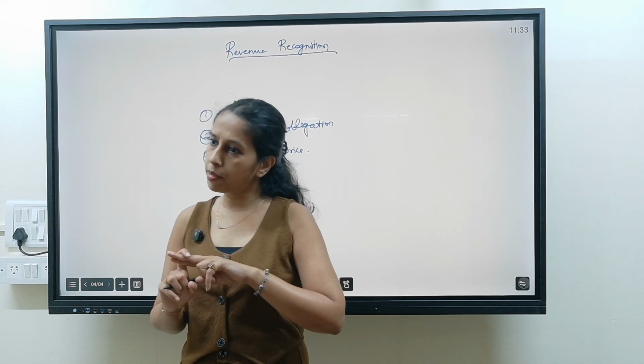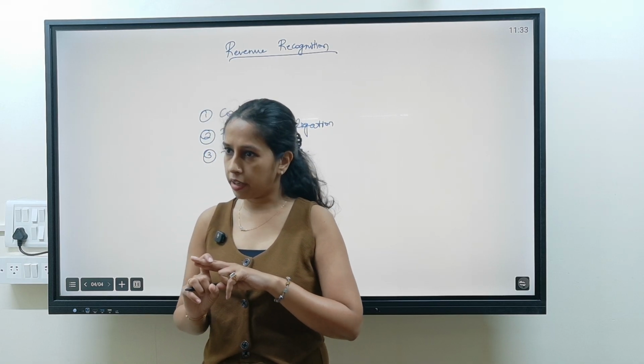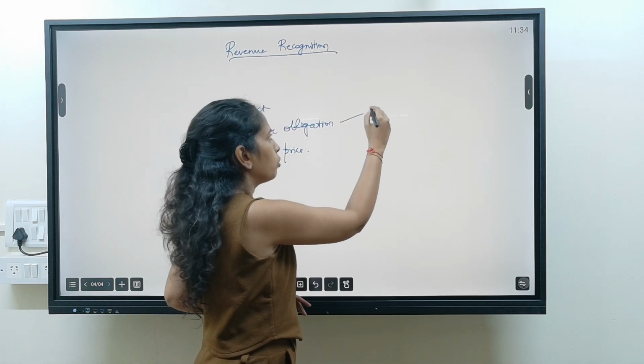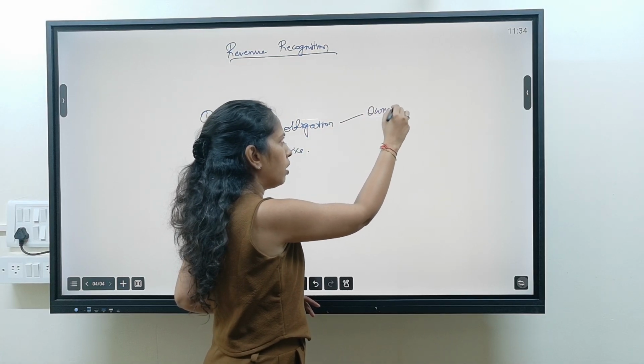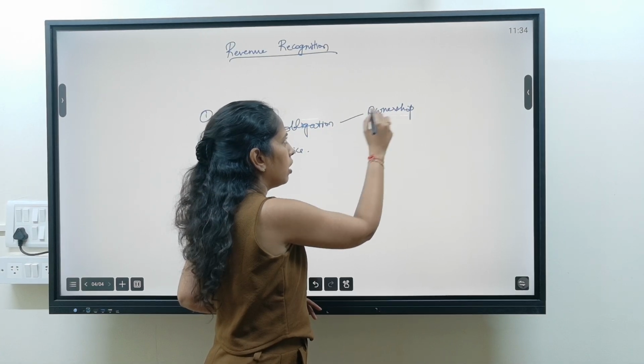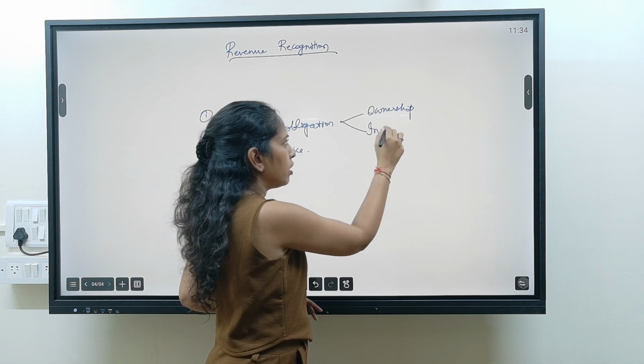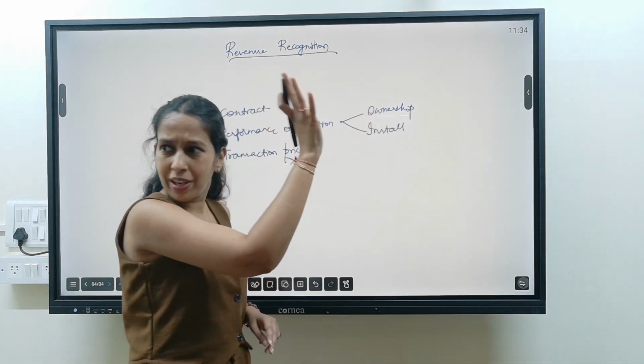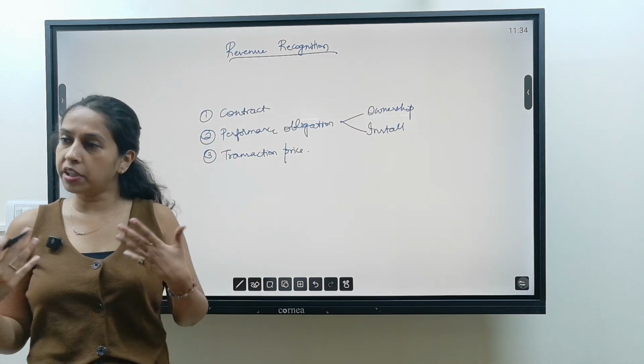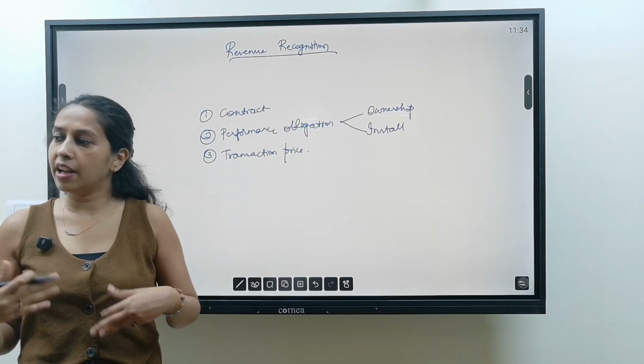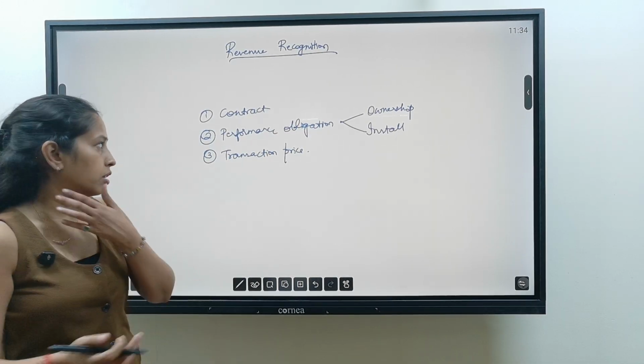So there are two performance obligations, right? So one is to give you the ownership of the product and one is to install. I'm just giving you an example. Different kinds of contracts can have different kinds of performance obligation, right?